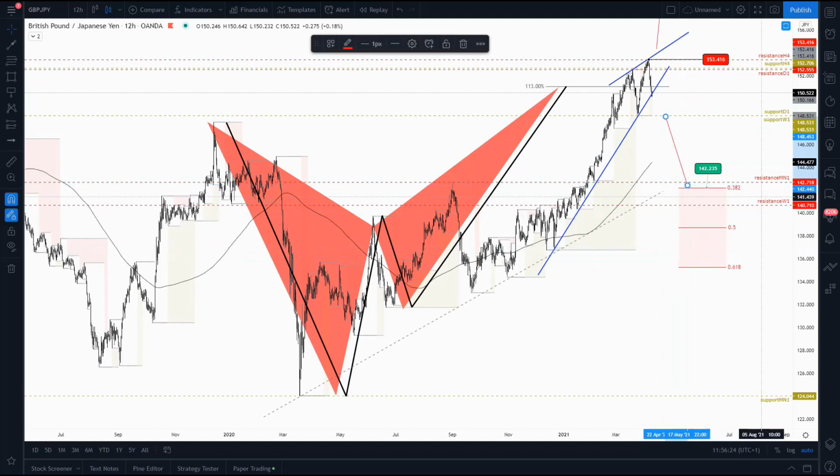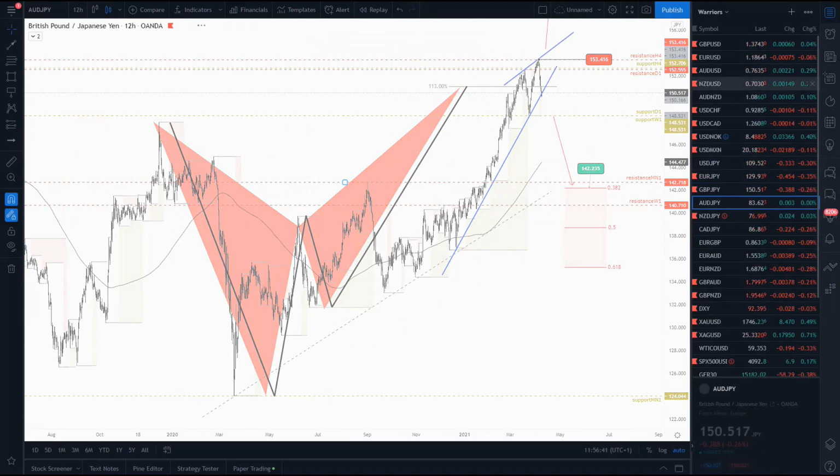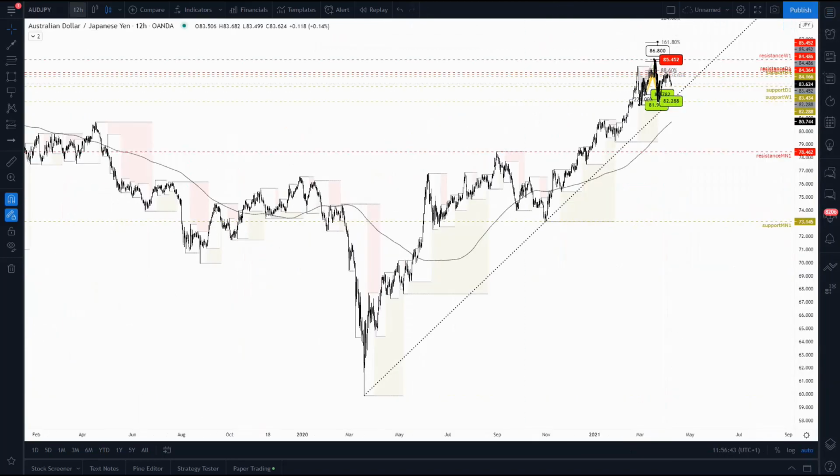So if that happens, we may see the price trading the 38% Fibonacci retracement, 142.23, back to the previous structure and major fractal resistance. Let's see if the pound versus the Japanese yen will also start to fall.